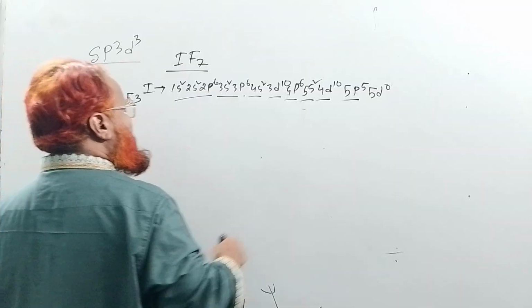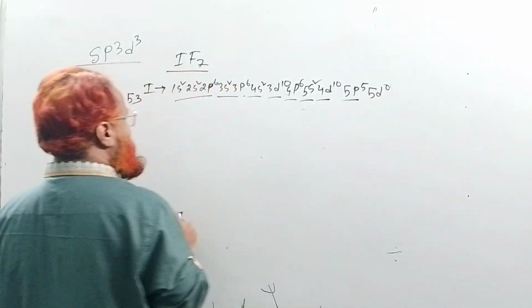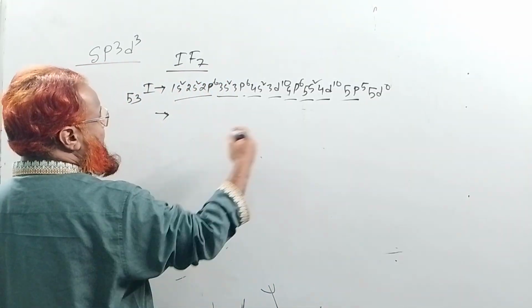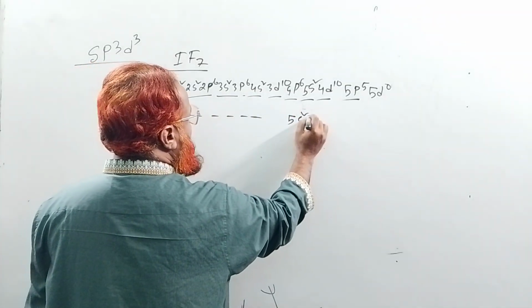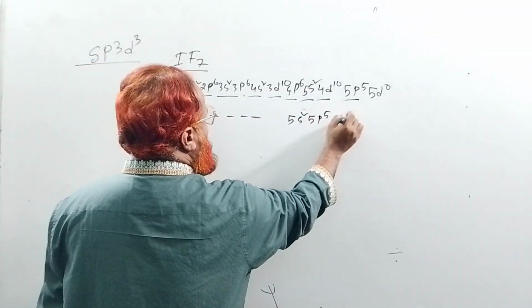Okay. Now, here 5d is present. Okay, 5d is in the 0 condition. Now, we will just arrange here the last orbit 5s2, 5p5 and what, 5d0.